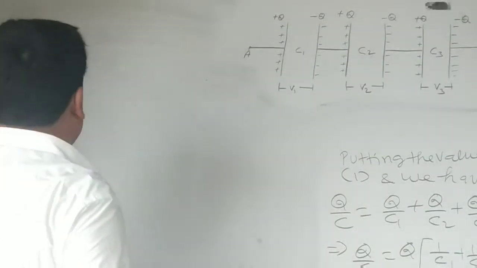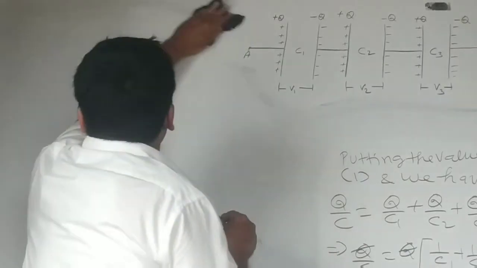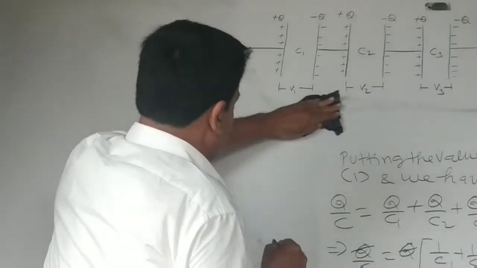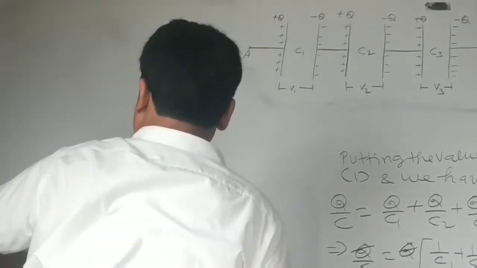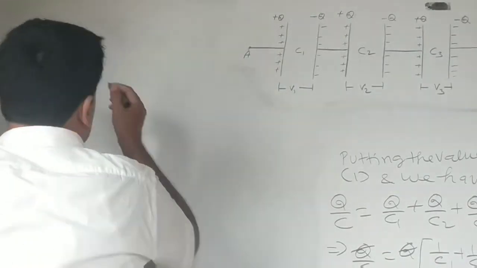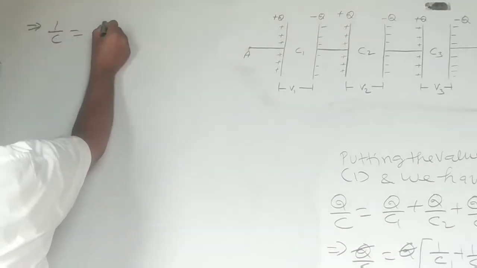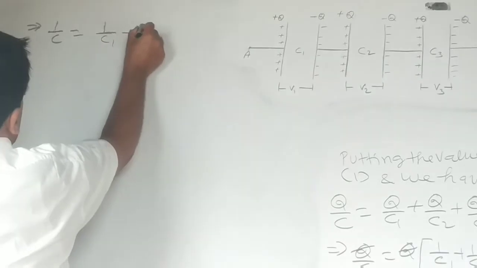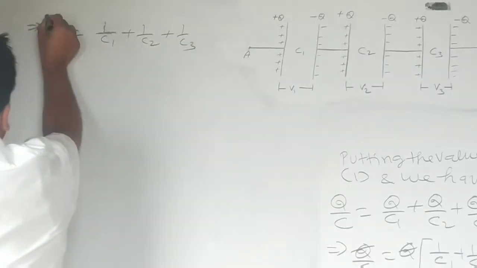This Q cancels with this Q, and here we find that 1 by C is equal to 1 by C1 plus 1 by C2 plus 1 by C3.